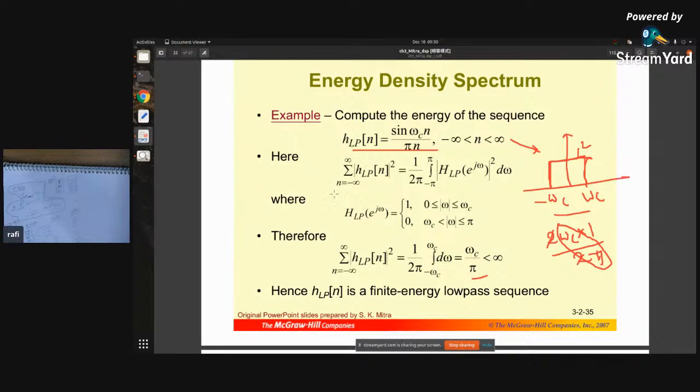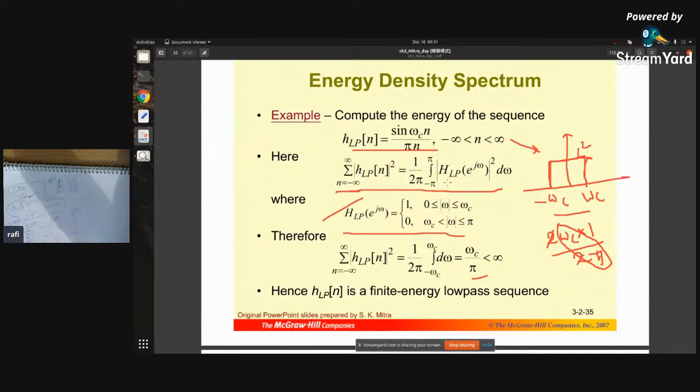This is the DTFT of h_LP[n]. If you find the DTFT of h_LP[n], this one, then substitute it in Parseval's theorem, one of the equations: energy in time is equal to energy in frequency.